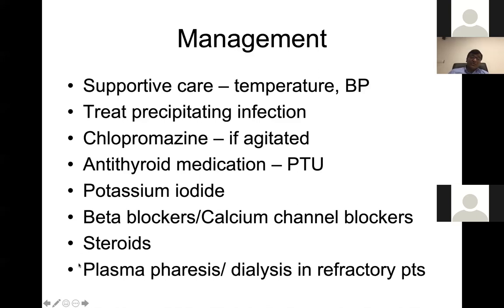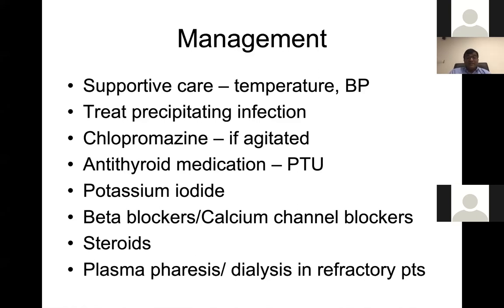Steroids also are used empirically because they have many beneficial effects. They will reduce thyroxine release as well as the conversion of T4 to T3 in the peripheral circulation. And particularly in Graves' disease, it's an immune disease, so there's some immunomodulation suppression effect from steroids.